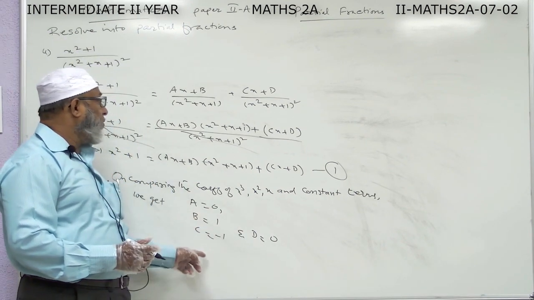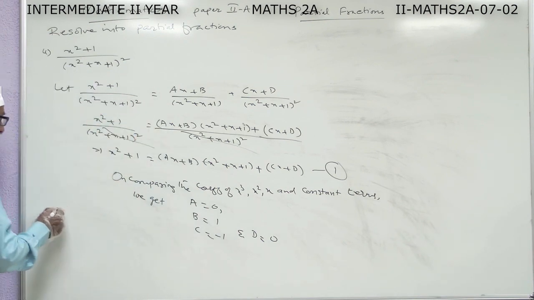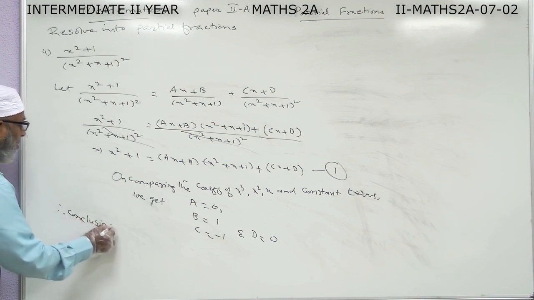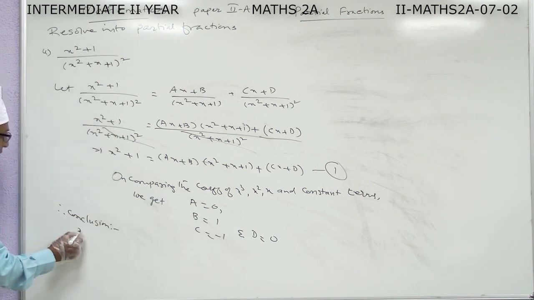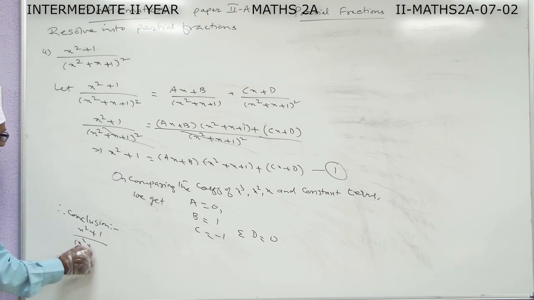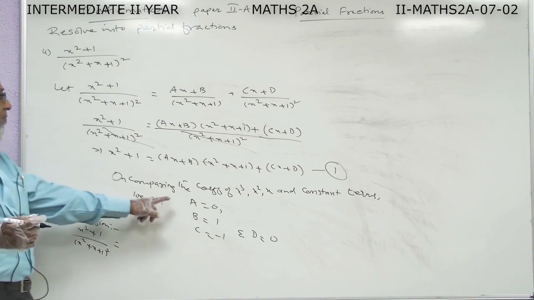After getting all these values, you have to back substitute here in the conclusion part. Therefore, my conclusion is x square plus 1 divided by x square plus x plus 1 whole square is equal to ax plus b.